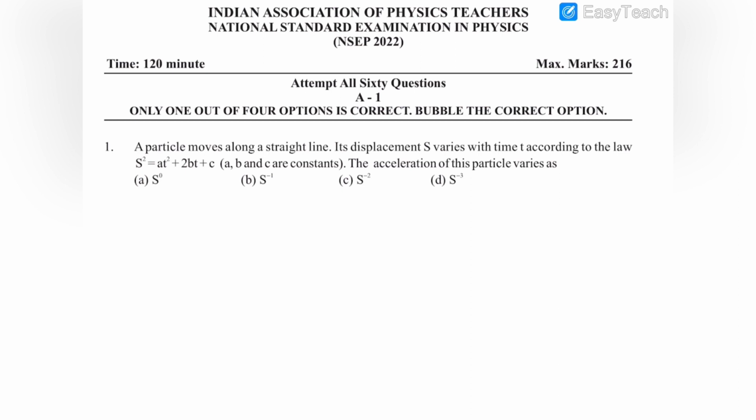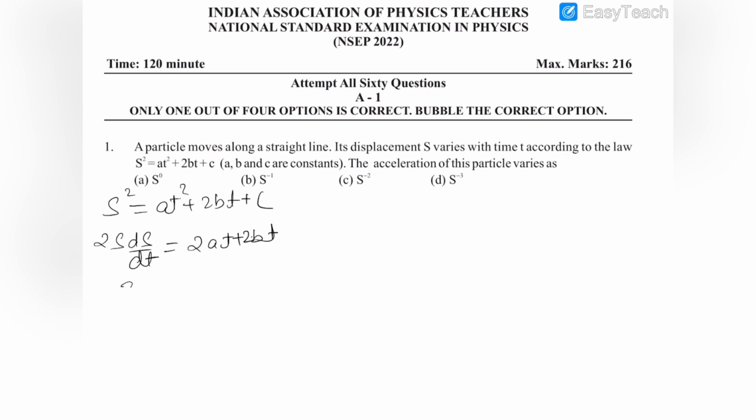So the first question says that S is the distance traveled by a body in a straight line, and S square is equal to AT square plus 2BT plus C. We have to find the relationship of acceleration with S. So we know that 2S into ds by dt is equal to 2AT plus 2B.